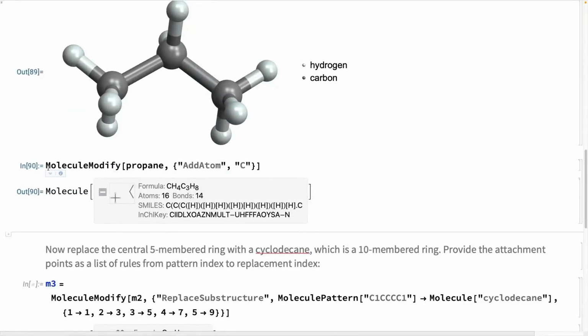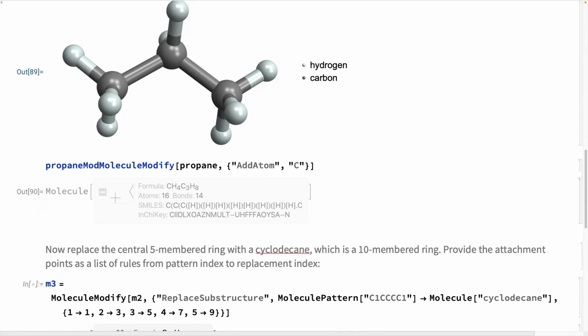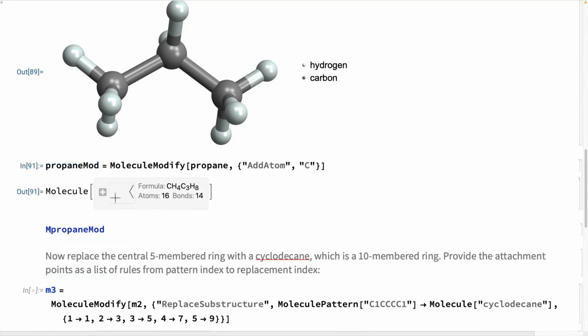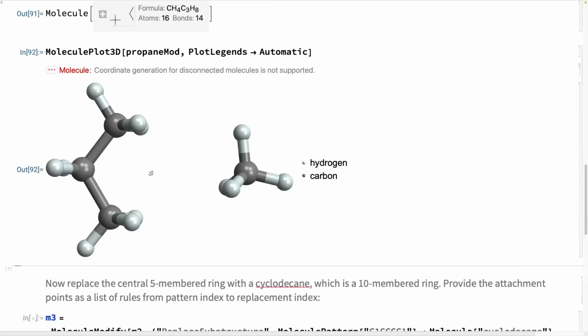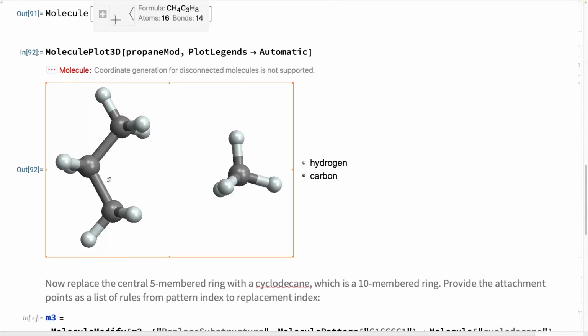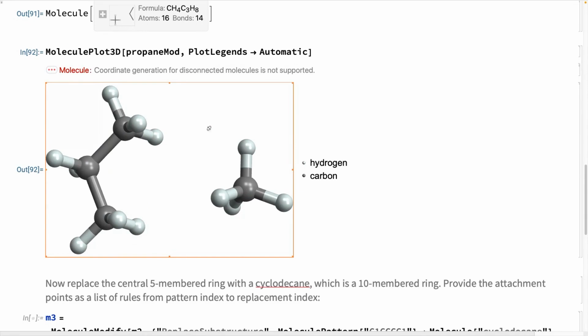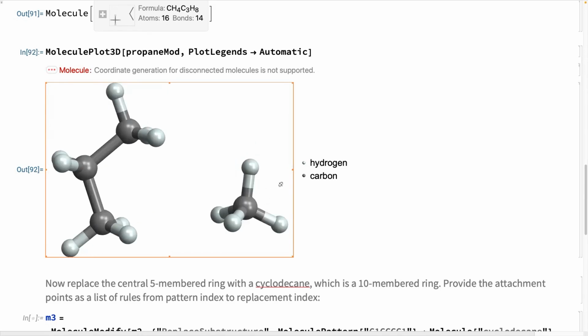And if we then do a propane mod, here we've got our propane still. But when we add this, it's just like, well, you didn't really say I should add a bond. I'm just going to add this carbon off to the side. So I'm going to throw some hydrogens on it since it has to have those to be happy.